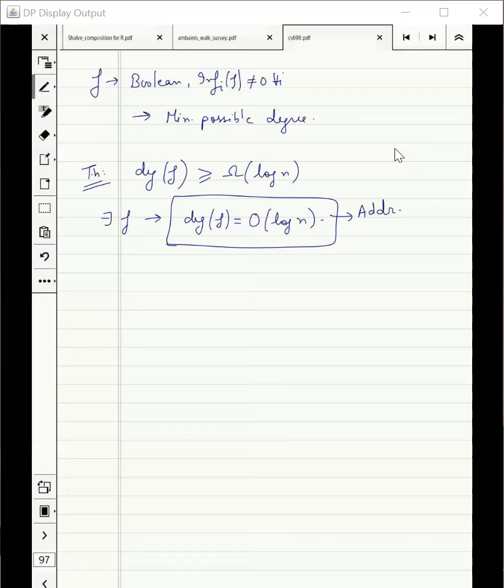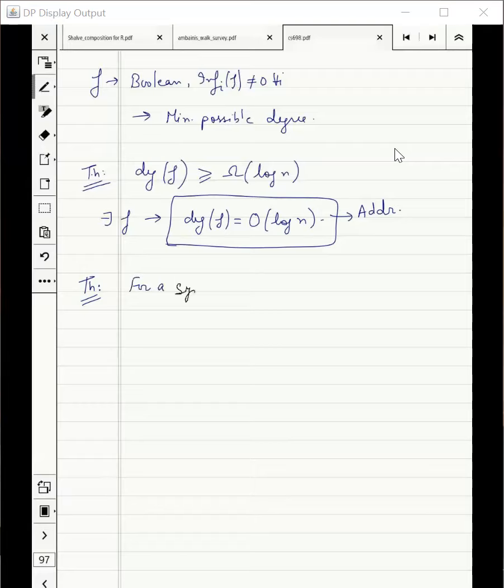You will see that the degree of the addressing function is log n plus something. We are going to show that you cannot get a smaller degree than the addressing. By the way, most of you were guessing order of n by 2, n by 3, n by 4. This is something which we will not do in this course. Probably one of you will take it as a project.